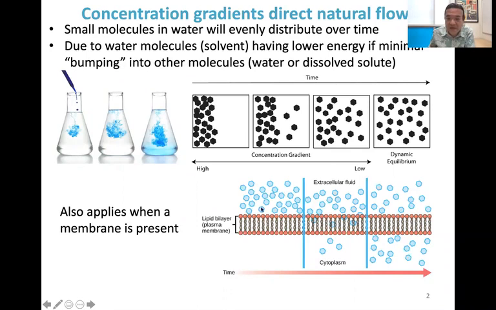So in this case, if you have a high concentration of water molecules on one side of the membrane, right, they will naturally want to spread out from each other as they're bouncing around. So some of them will go through the membrane, and over time, the concentration of water on the top and the bottom would be equaled out, right?